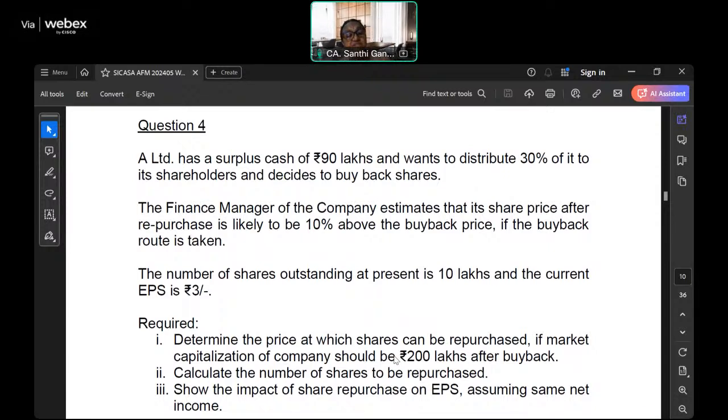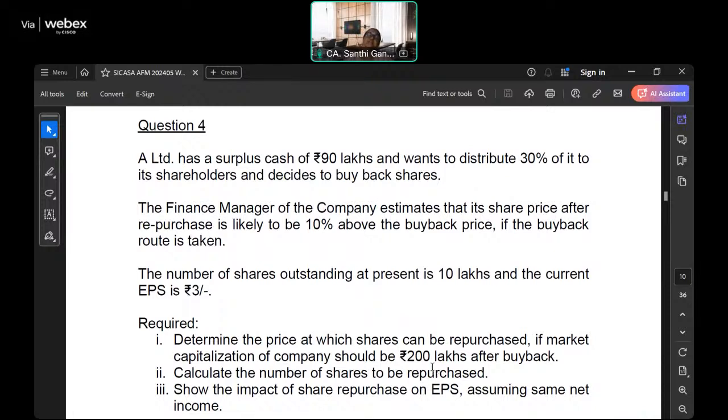You know that the fundamental objective of financial management is maximizing shareholders' value, which is represented by the market value of shares which they are holding. So increasing the market price is the primary objective of financial management.